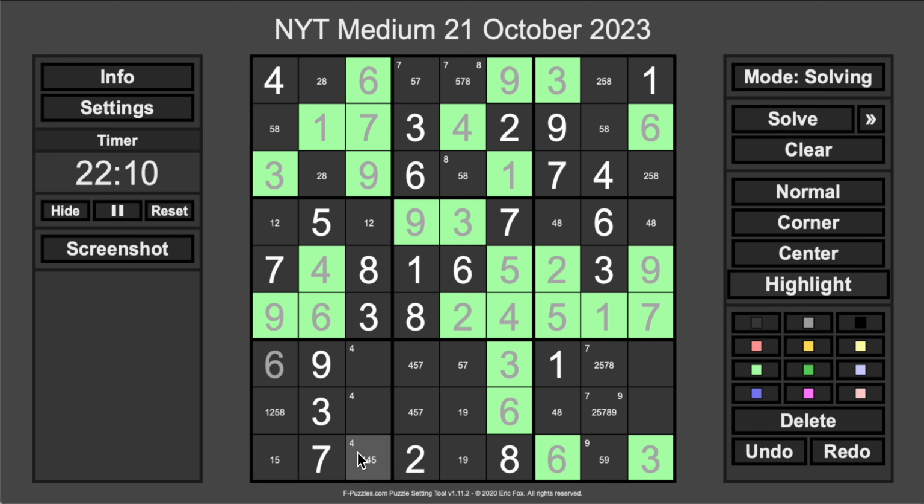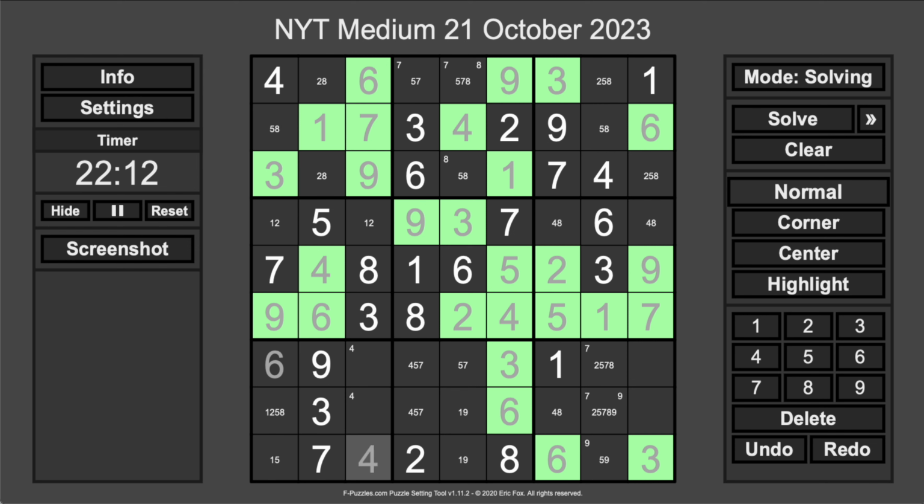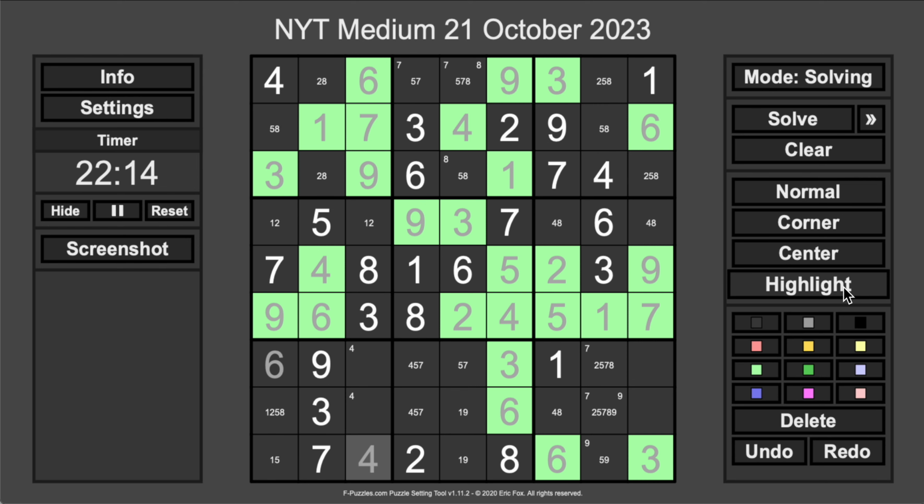Gee, the only place for 4 in row 9 is here. Because the other possibilities I ruled out. So these are not 4. I've got 3, 4, 6, 7, 9. I need 1, 2, 5, and 8.